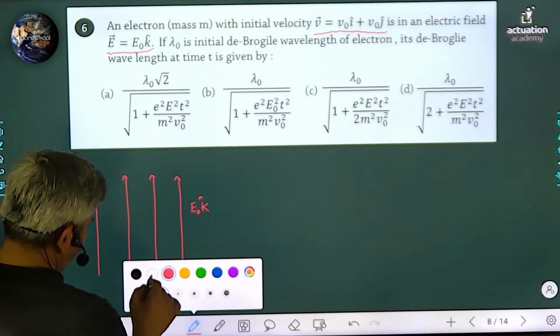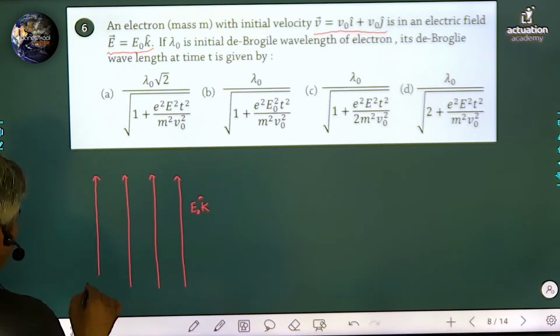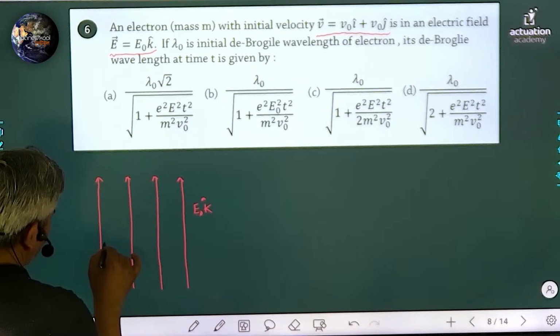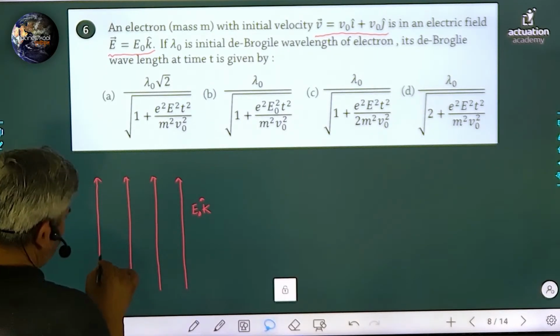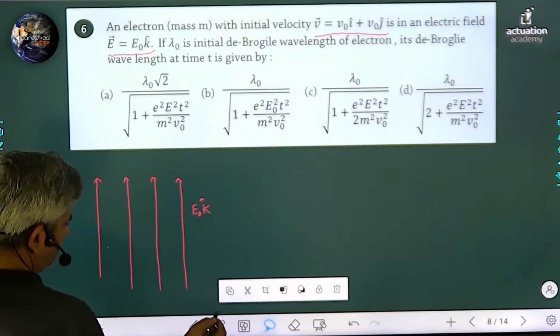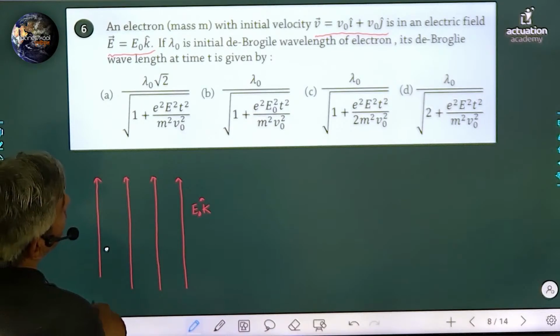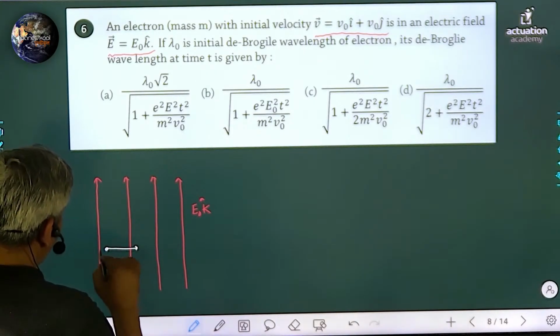Now we know that the electron is moving initially in V0 i cap and V0 j cap.